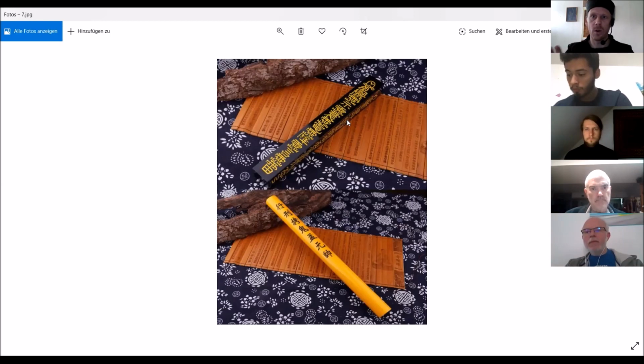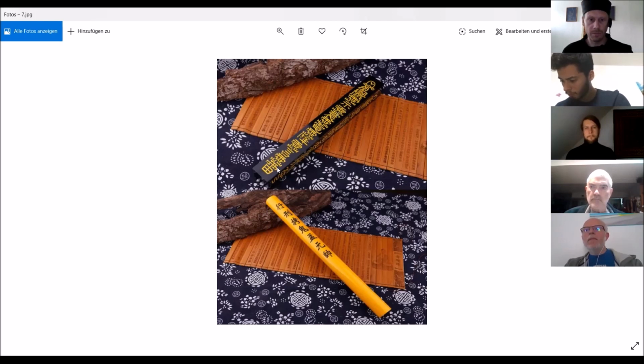This is always on the altar to also protect the practitioner. I use this in different or in several ceremonies by myself, and this is a very common tool.